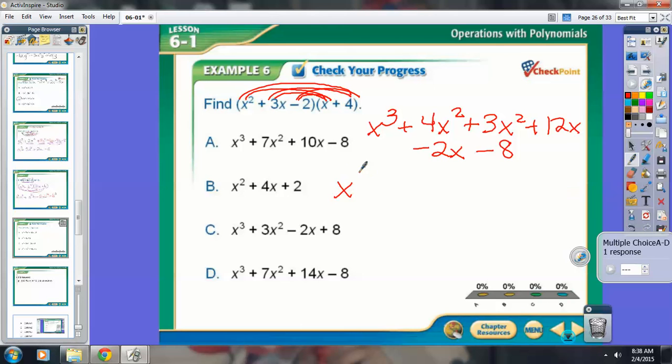We can combine like terms. I think we have some x squareds here, 7x squared. Linear terms, 12x minus 2x is 10x, minus 8. A is the correct answer.